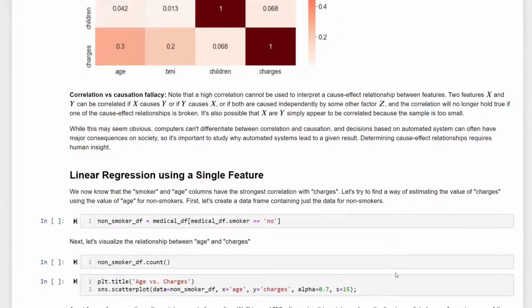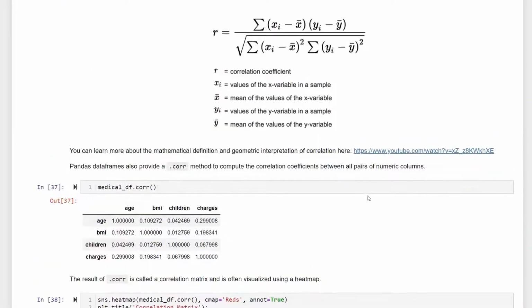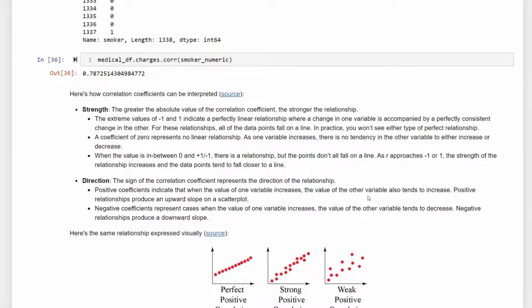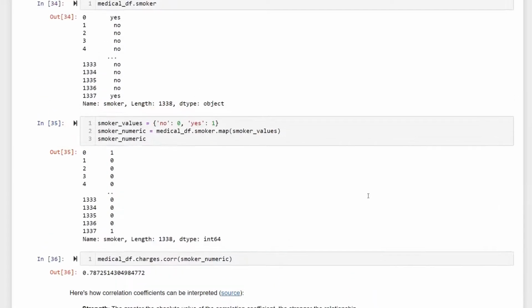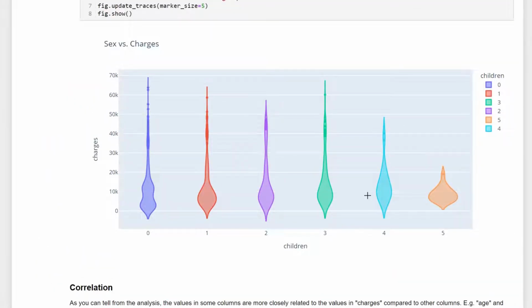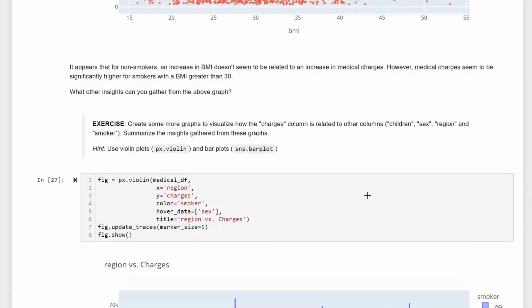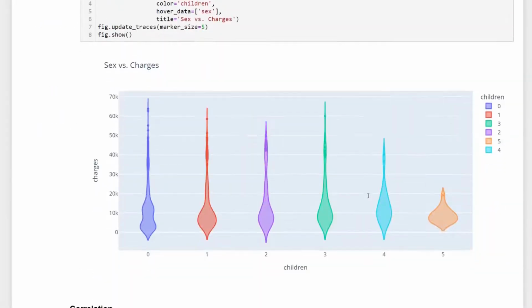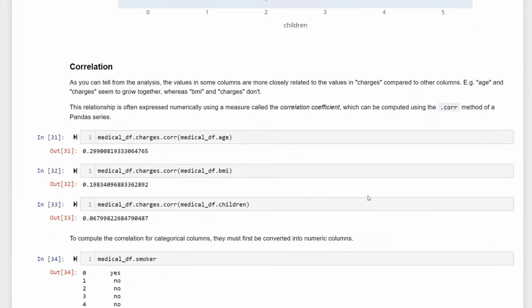I have opened my Jupyter notebook file. Let's make a quick recap of what we have done in the previous session. In the previous session, we took a real-time example in machine learning: finding the medical charges of a person using different categories like age, BMI, gender, the region they are living in, and the children they hold. We performed the correlation and the exploratory data analysis on the data.